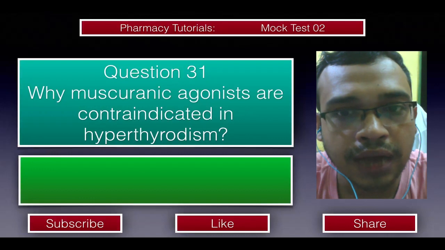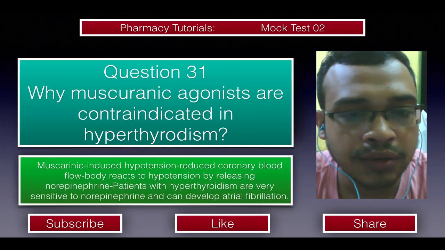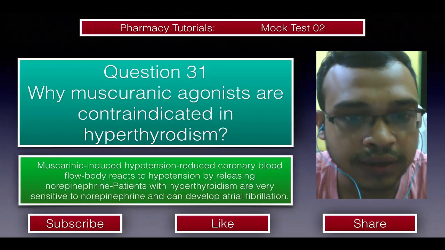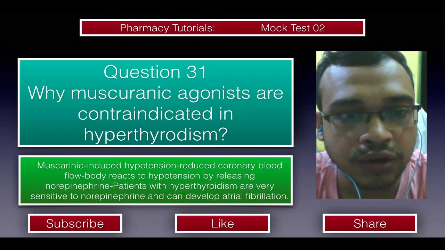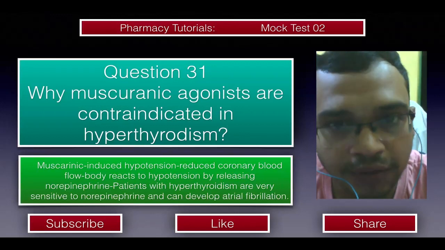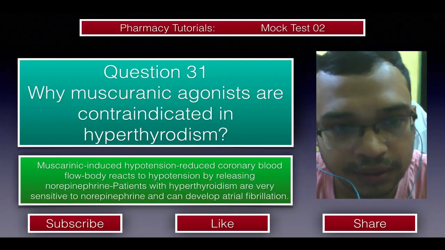Why are muscarinic agonists contraindicated in hyperthyroidism? Muscarinic-induced hypotension reduces coronary blood flow, and the body reacts to this hypotension by releasing norepinephrine. This is a very common reaction. Muscarinic agonists cause hypotension, so the coronary blood flow is reduced.